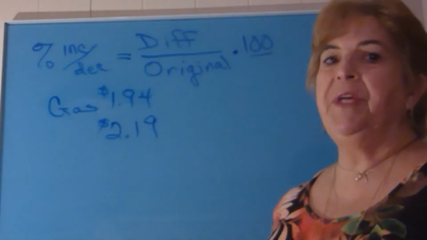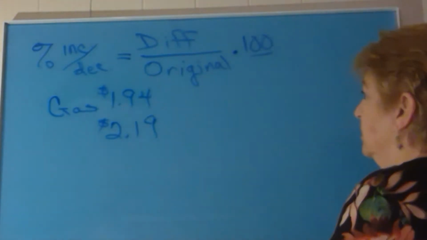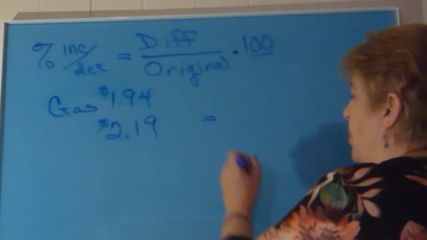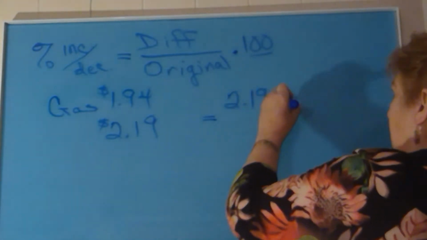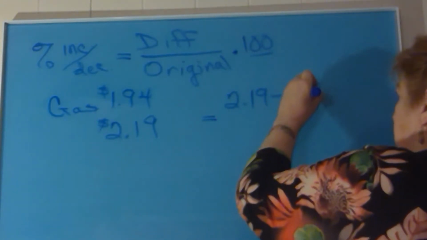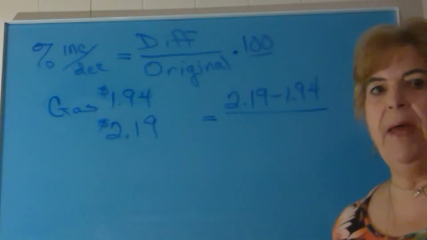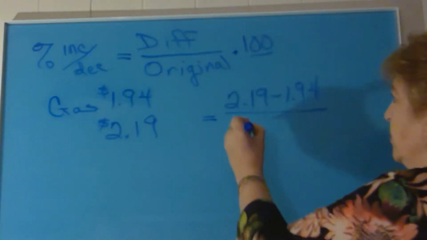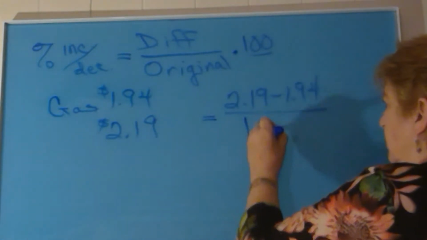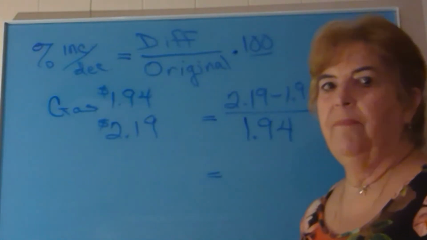So to find the percent increase or decrease, in the numerator you're going to subtract the numbers: 219 minus 194. And you're going to divide that by the original price. The original price was the 194. That's what it was last week.